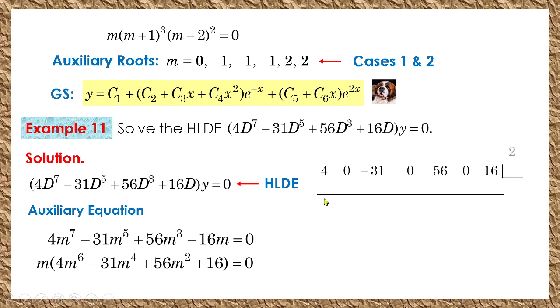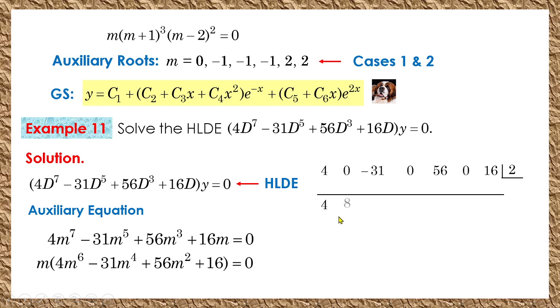So 4, bring down. By the way, our multiplier is 2. You can substitute 2 here sa 4m to the 6 minus 31m to the 4 plus 56m squared plus 16. You will be able to verify that this will make it 0. So m equals 2 is a root, m minus 2 is a factor.